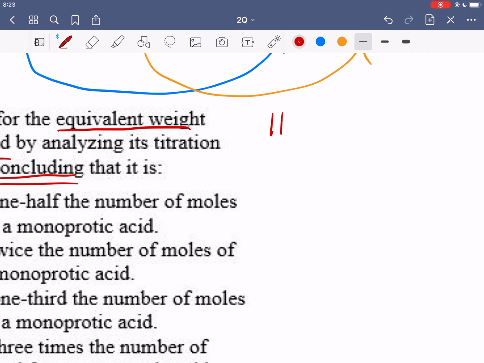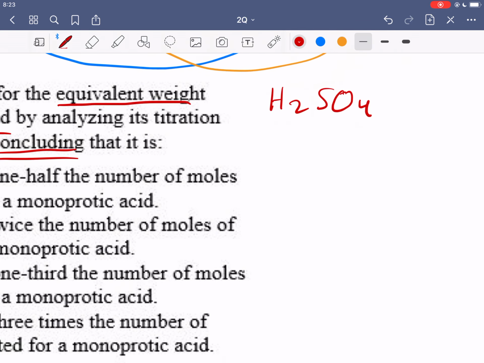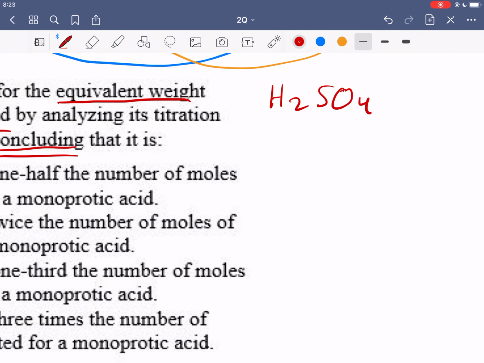If I had 1 mole of the HCl, it's going to release 1 mole of the H plus, the protons. But if I have something like H2SO4, that would be diprotic, meaning that it has 2 protons to lose. So if I had 1 mole of this, at a given pH, it's going to release 1 mole of the first proton, but then it has a second mole of protons that it can release.